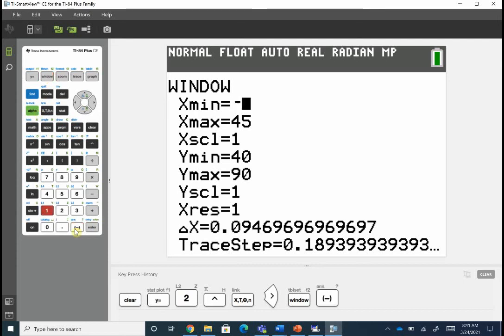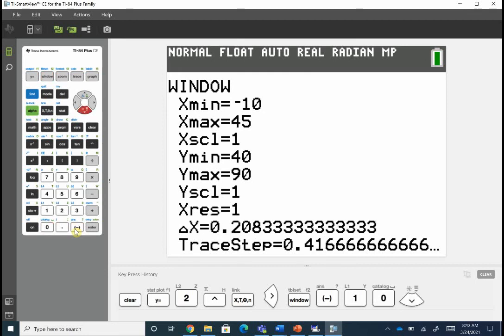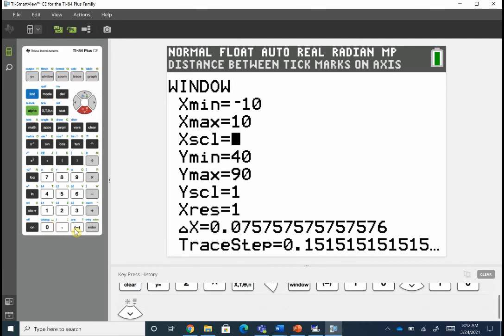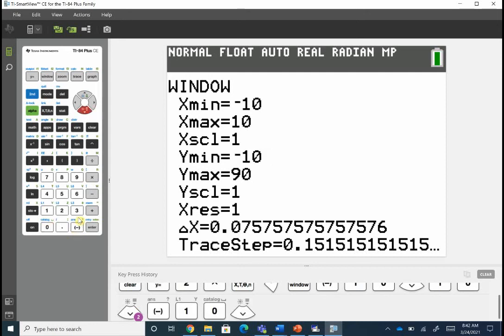Remember, that's how far left we see on our graph on that x-axis. 10 for our x max. X scale of 1. Our y minimum, that's how low we see, how far down our y-axis goes. I'm going to go -10 on that. And +10 for the y max. It's just a nice starting point.